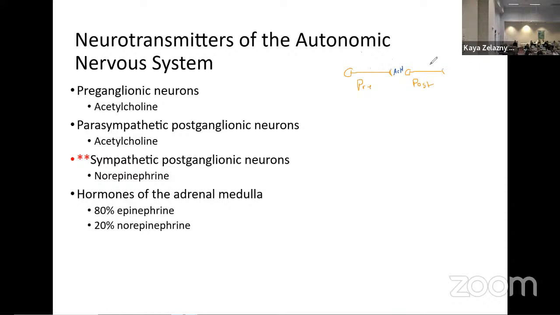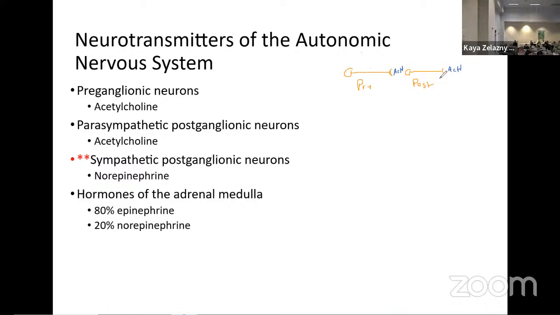Okay. So it's for the postganglionic neuron where we're going to have options that are going to depend on which branch we're talking about. Okay. So if you're a parasympathetic neuron, then this is easy. So preganglionic, always acetylcholine. If you're parasympathetic, that postganglionic neuron is still going to release acetylcholine. Right? So that's easy.